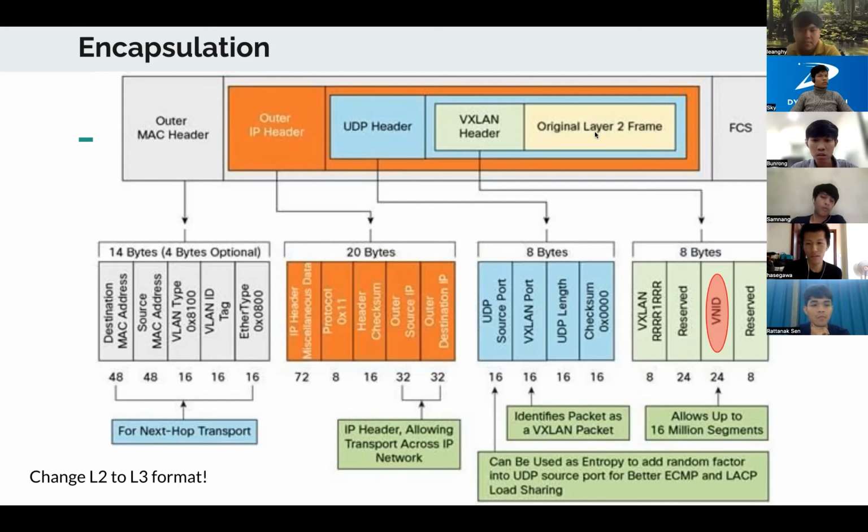The L2 switch converts the L2 frame to an L3 frame by encapsulation. In the VXLAN header, there is a VXLAN ID.